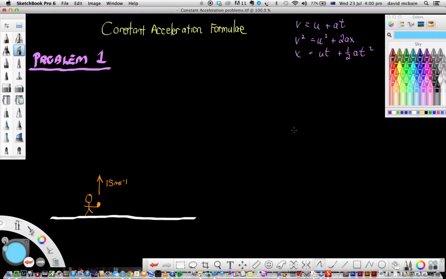And the question we're going to ask is, there's two parts to this question. Part A of this question is, how long is the rock in the air for? So for what length of time is the rock airborne?